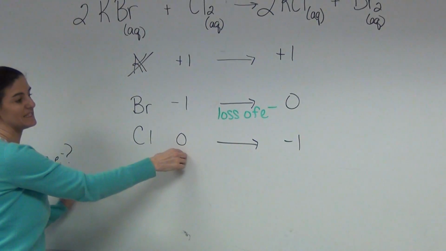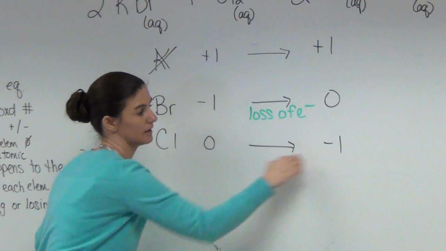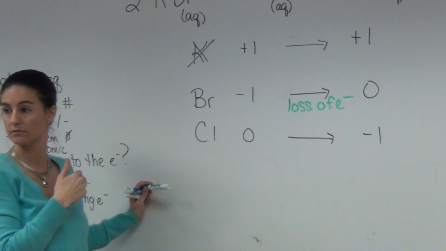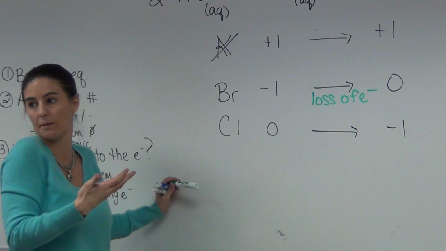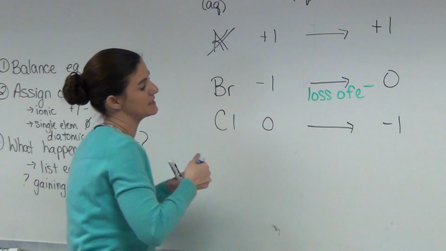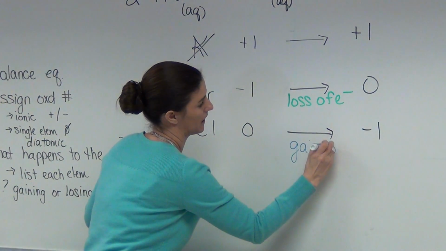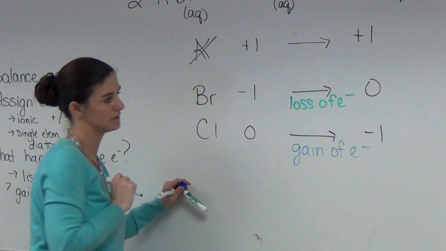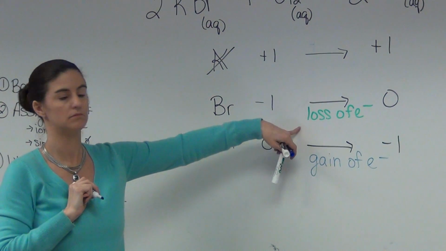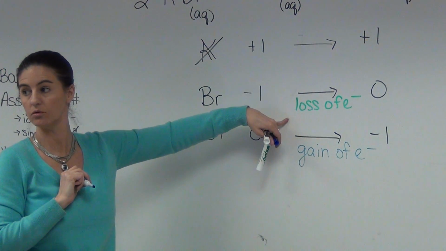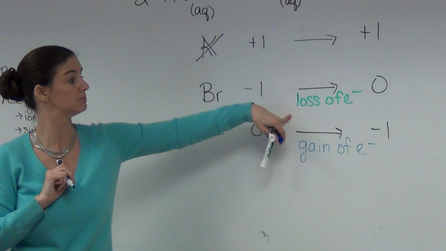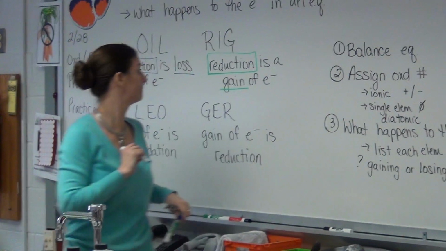Here, going from a 0 to a -1. It might be easier to start with the gaining, because you know if you're becoming more negative, right? So this is a gain of electrons. So this is either your LEO or your what? Red.